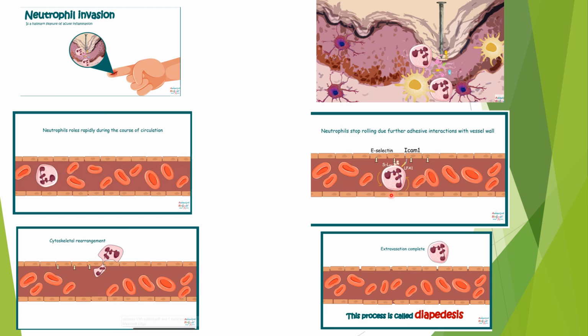Once they are adhered, because of cytoskeleton rearrangement, neutrophils try to escape out into the tissues through the gaps between the cells. This is called diapedesis, that is the escape of the neutrophils from the bloodstream into the tissues. Once they come outside, the extravasation is complete.